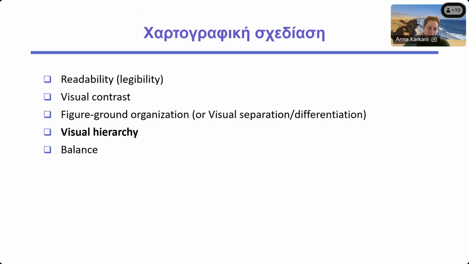Then there is what we call a visual hierarchy, which has to do with how we classify map objects according to their relative importance or content. So we usually do this even if we don't realize it.